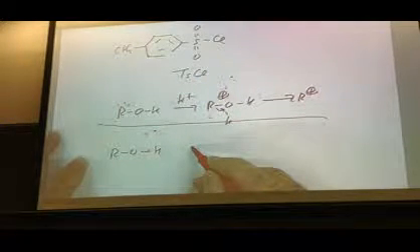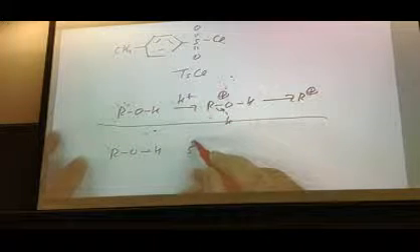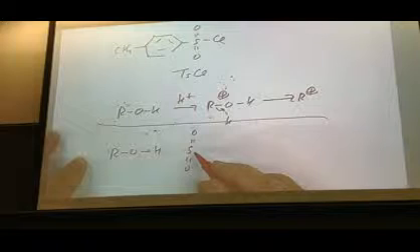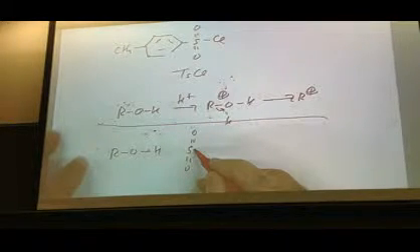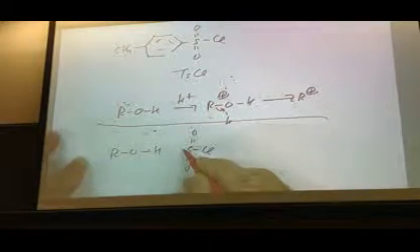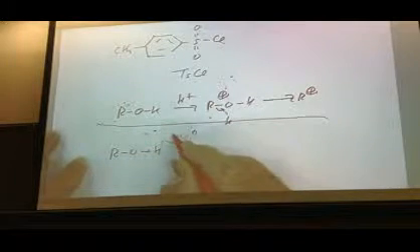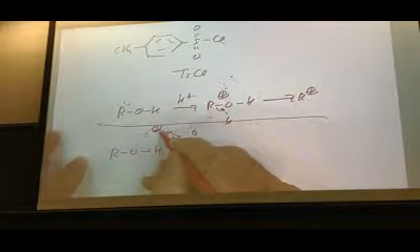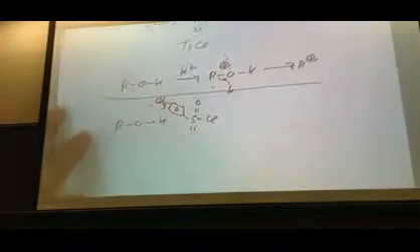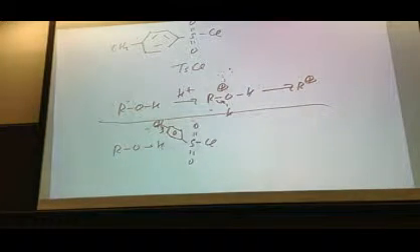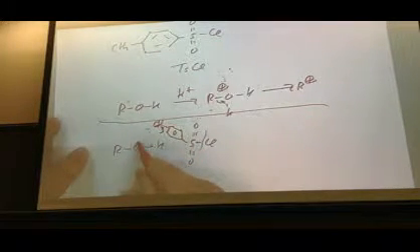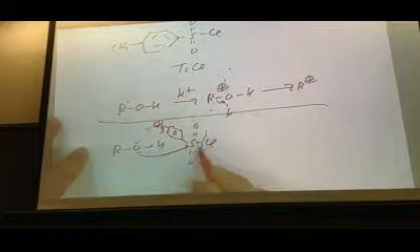Now, this mechanism is a bit messy, so just look at it. Don't worry about it. All right, so that's the tosyl chloride. What happens is, chloride is a good leaving group, so this will kick out the chloride.